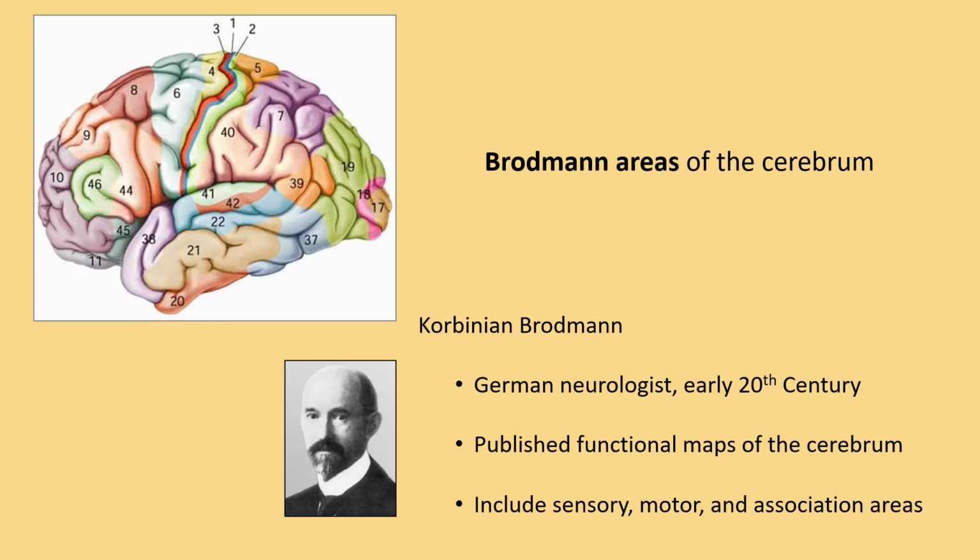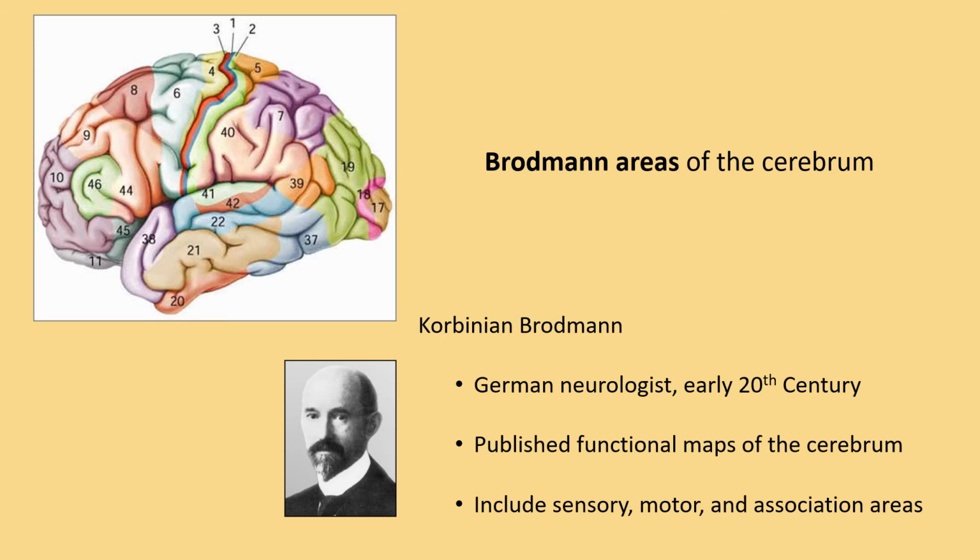Each of these sensory, motor, and association areas of the cerebrum may be identified by a number. And these are called Brodmann areas. Brodmann areas are named after Corbinian Brodmann, who was an early neurologist, a German. And a lot of early neuroscience came out of Germany in the early 20th century.